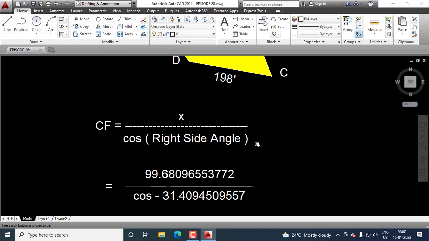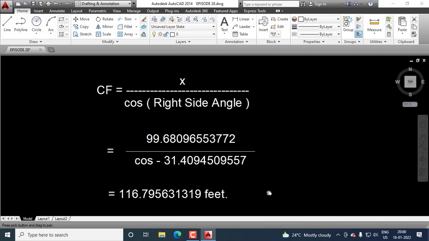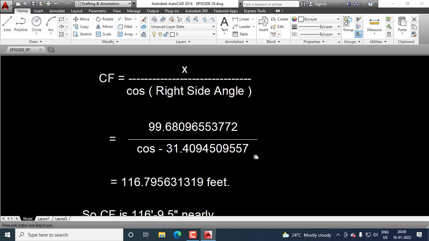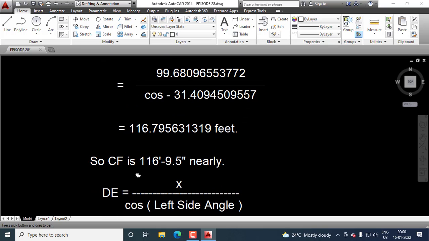X is this one, right side angle is minus 31.4094509557. By dividing this figure by this figure, we get 116.795631,319 feet. So CF is 116 feet, 9.5 inches nearly.